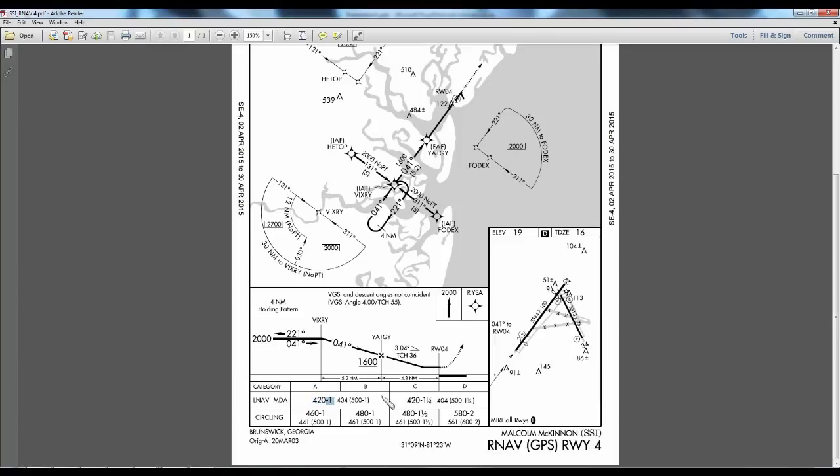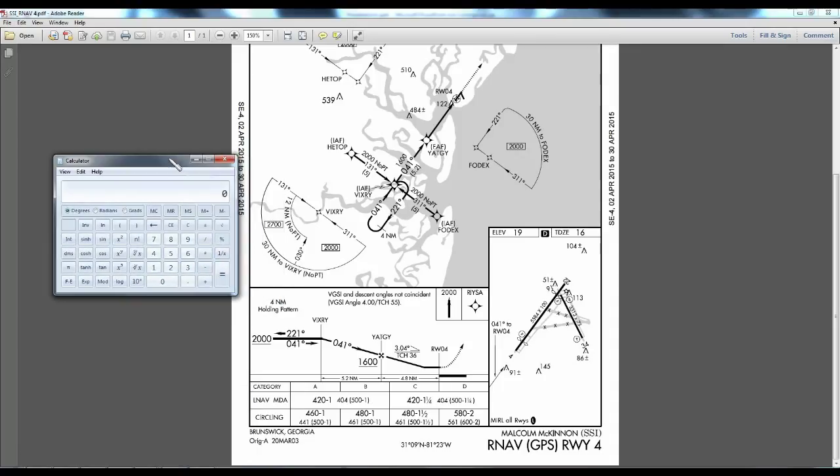That -1 is the visibility requirement in miles. We need to have at least 1 mile visibility to fly this approach. This next number here in smaller font is 404. This is the minimums above the ground. So when we're at 420 feet MSL, we're going to be 404 feet above the runway threshold. Basically is what that means.